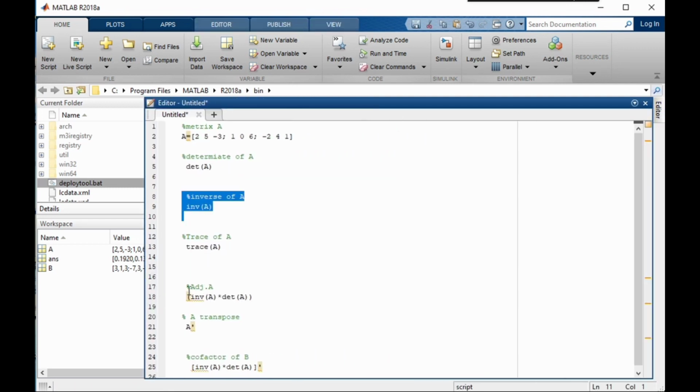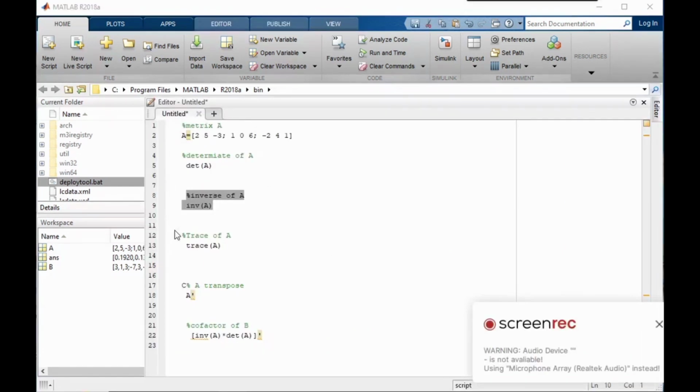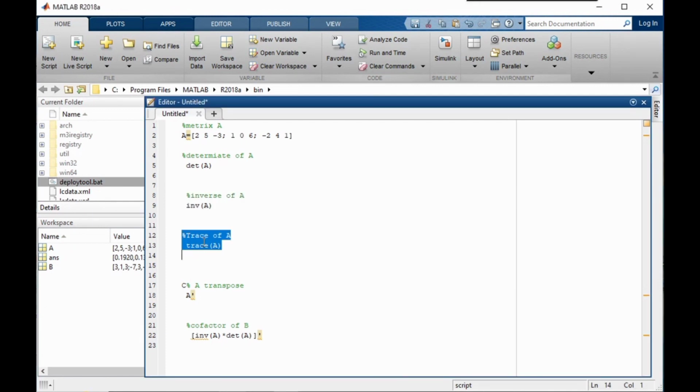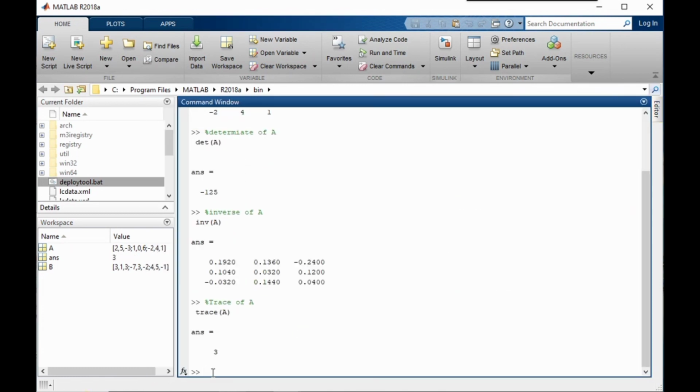After the inverse, we go to the adjoint. Control plus C on the adjoint, and then we go to the trace of A. You copy, Control C, and then Control V, paste.